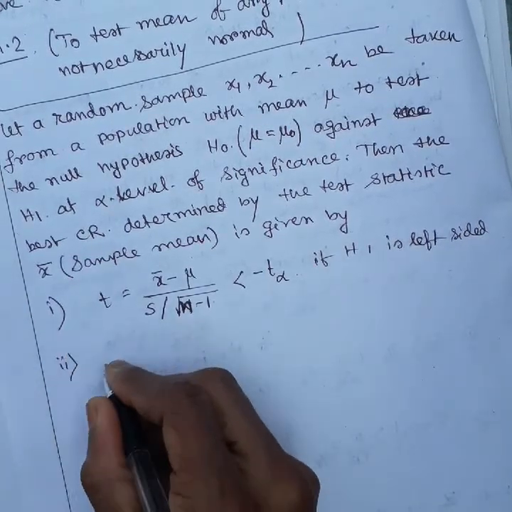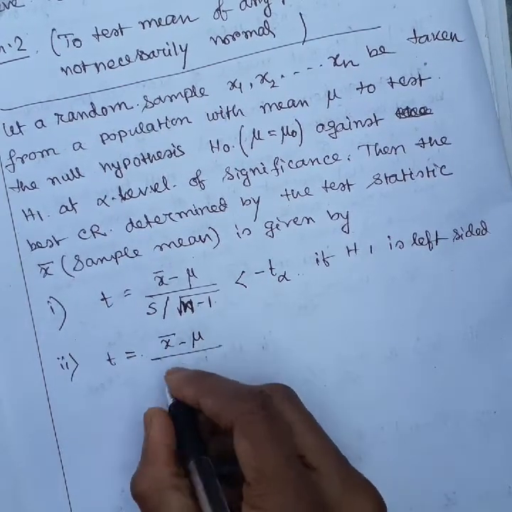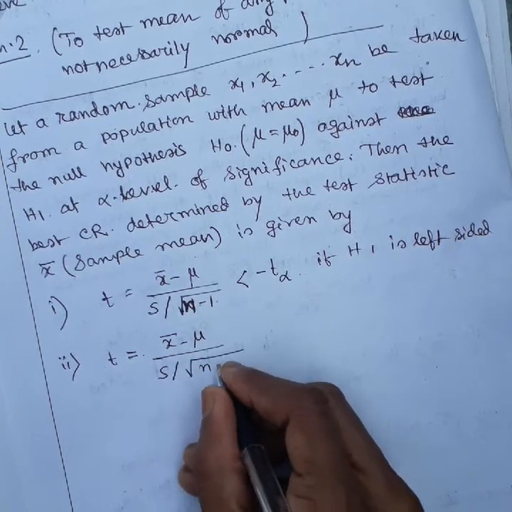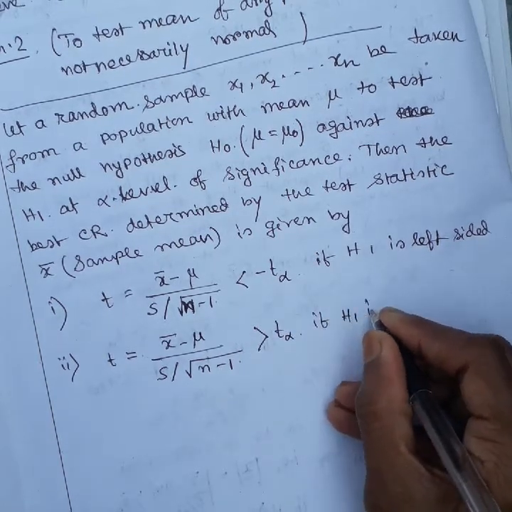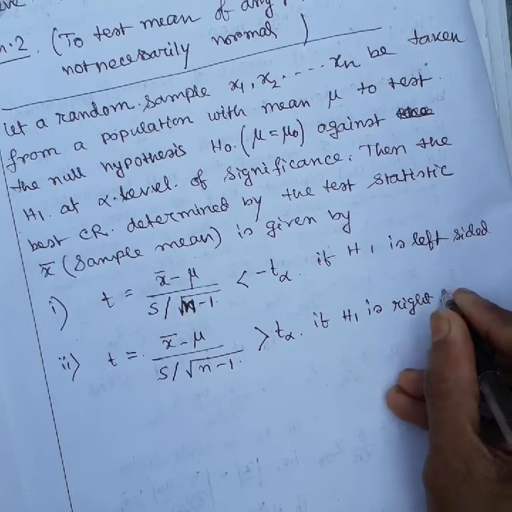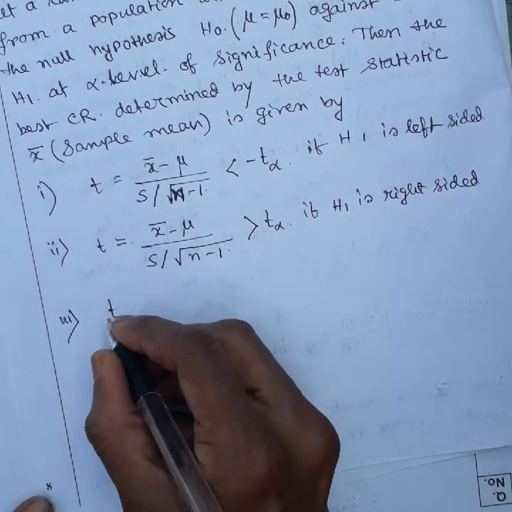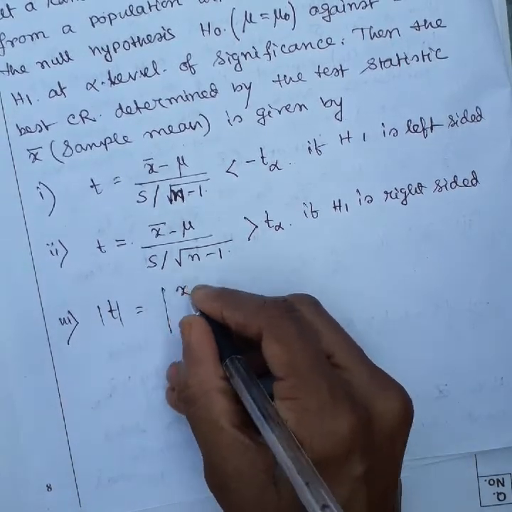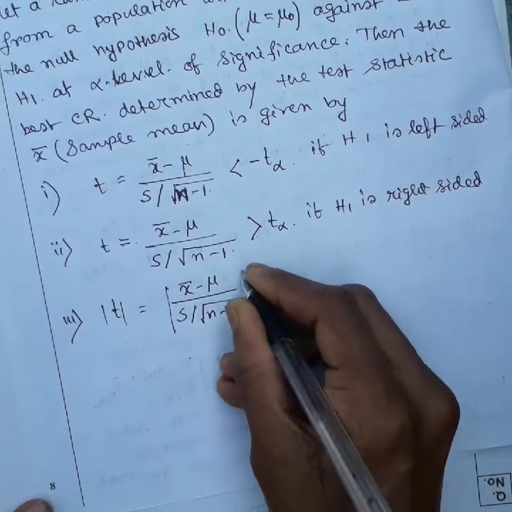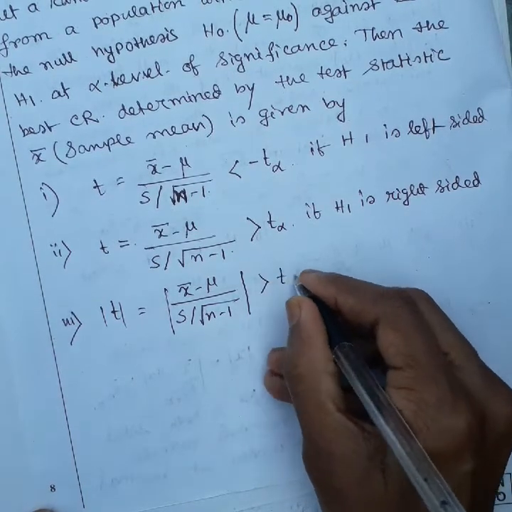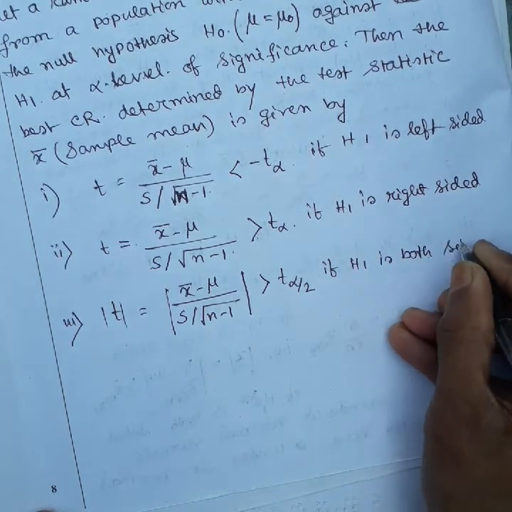And number 2 is t equal to (x bar minus mu) by (s by root of n minus 1), which is greater than t alpha if H1 is right sided, and mod of t equal to mod of (x bar minus mu) by (s by root of n minus 1) is greater than t alpha by 2 if H1 is both sided.